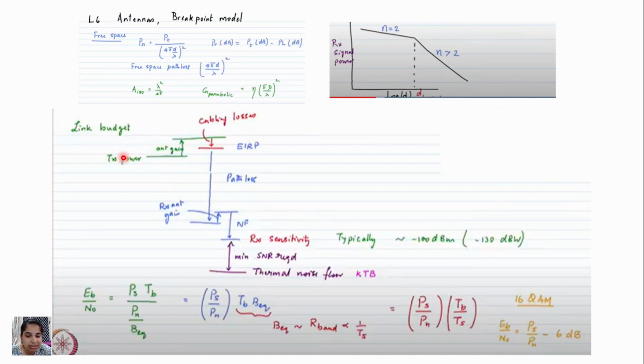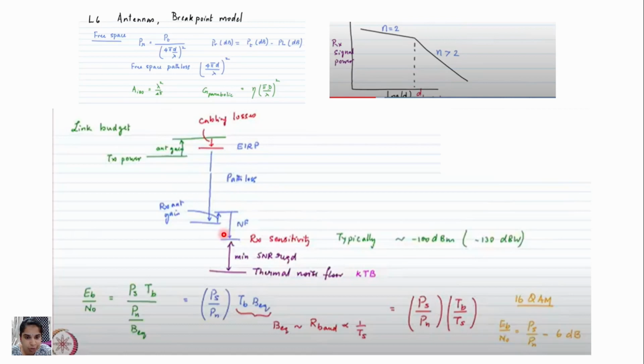Then the basic idea behind link budget. When we have a transmit power, you boost it by an antenna gain, and then a cabling loss comes. Whatever you get after summing up the transmit power and antenna gain minus the cabling loss is the effective isotropic radiated power.